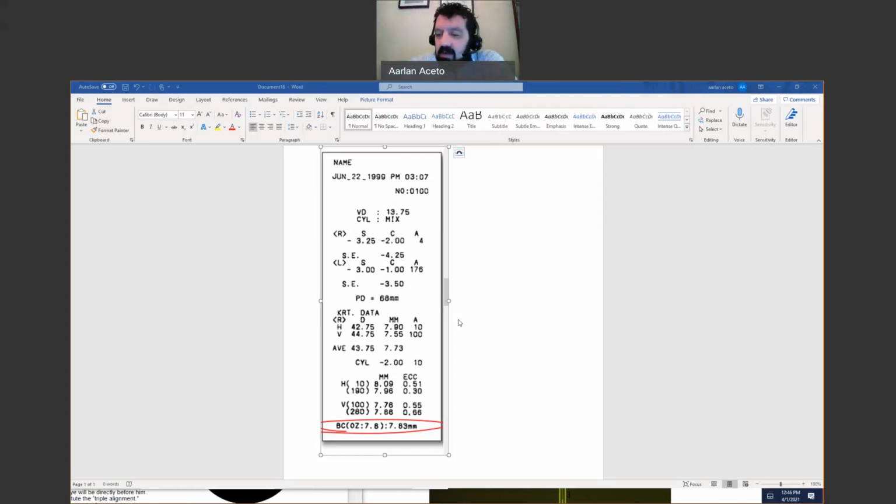So we have to start doing it at lower powers. So anything over plus or minus 4, we have to start doing the vertex distance compensations. And this would be the number that we would use, the 13.75. This is my vertex distance, and this is what we would use for our compensation numbers. I'll never have you assume what it is.